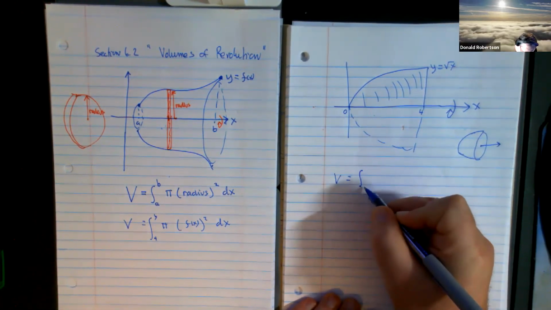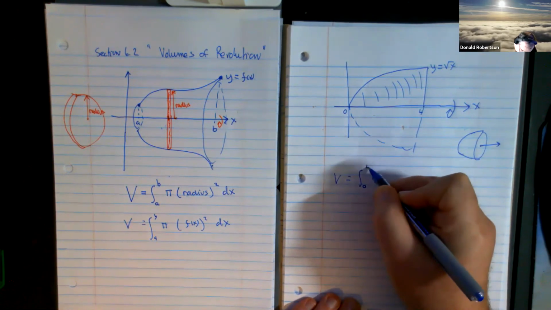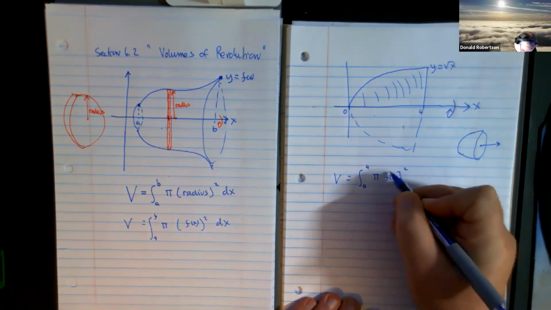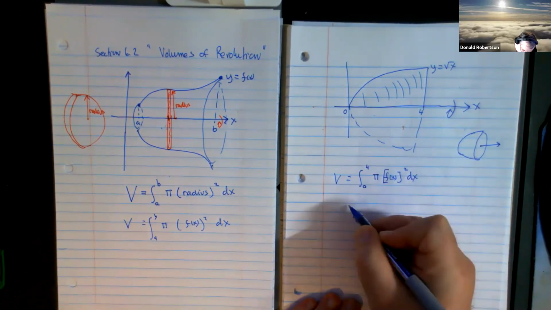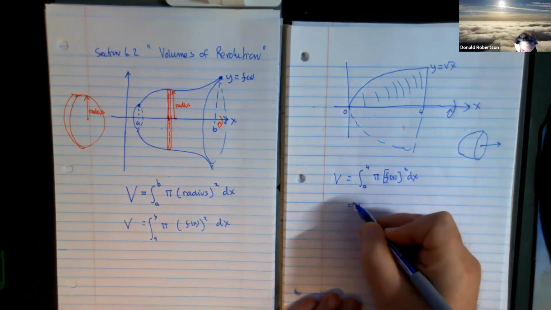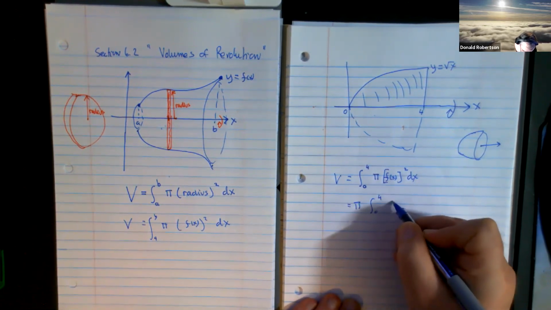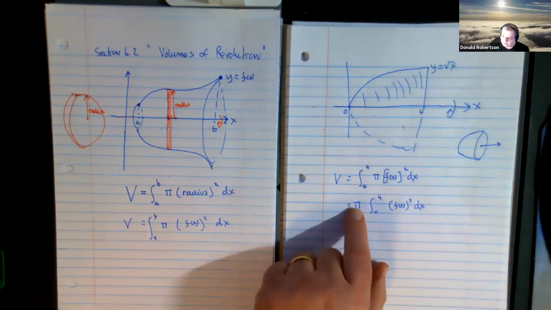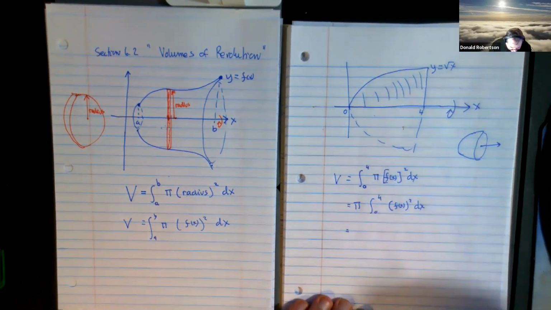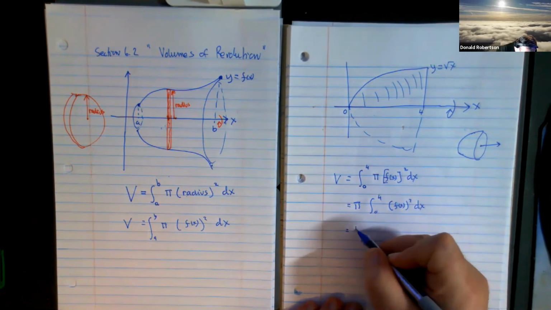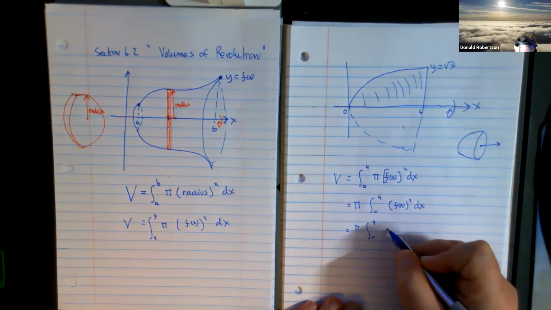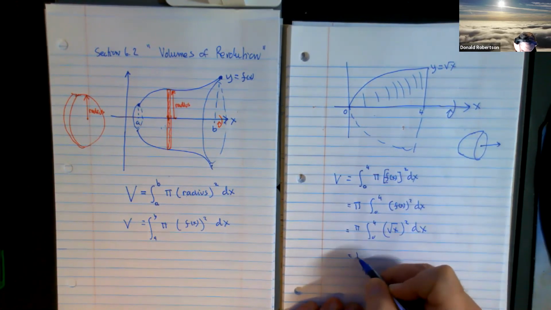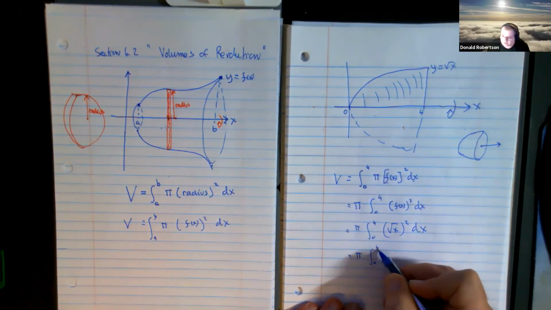It's the integral from start to finish of pi, the function, squared, dx. I typically take the pi out, because the pi just gets in the way of the calculations, and I'm allowed to do that. That's going to be the integral from 0 to 4 of the square root of x squared. Oh, isn't that pretty?